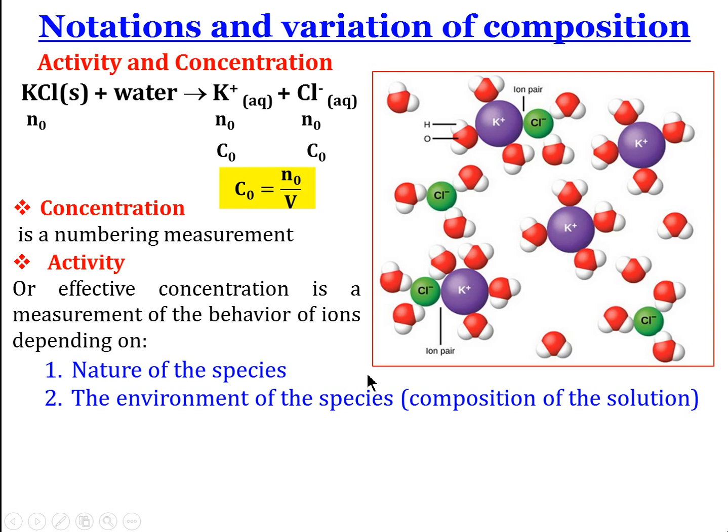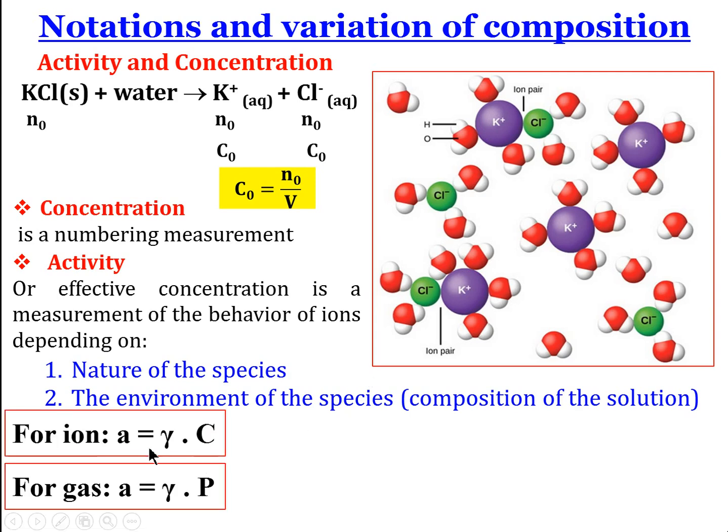The activity is related to the concentration for an ion, and if we have a gas, the activity is related to the pressure. And this relation is according to a correction factor gamma.